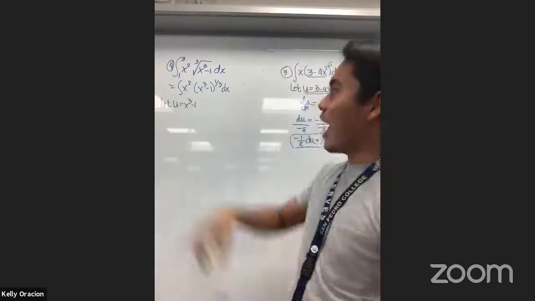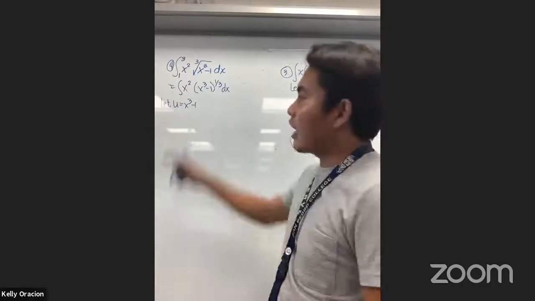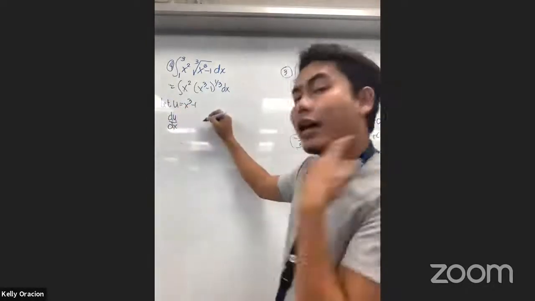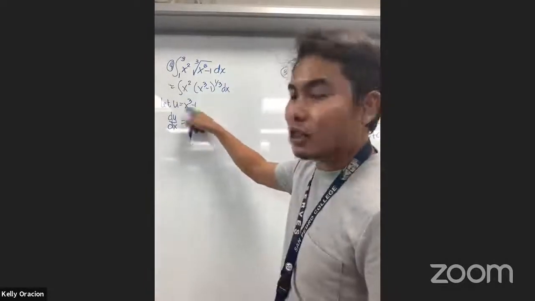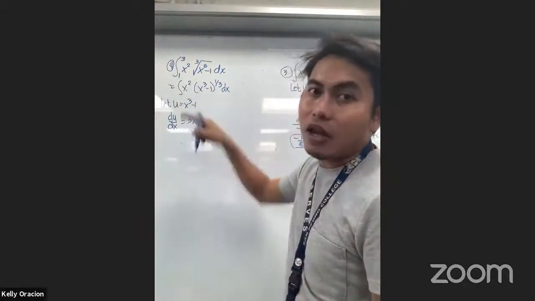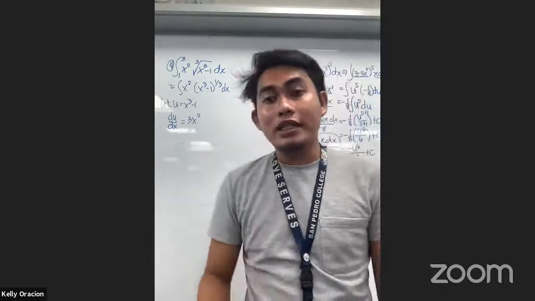Okay. So let u equal x cubed minus 1. Derivative of u, du over dx, with respect to x. The derivative of x cubed is 3x squared. Then the derivative of 1 is 0.